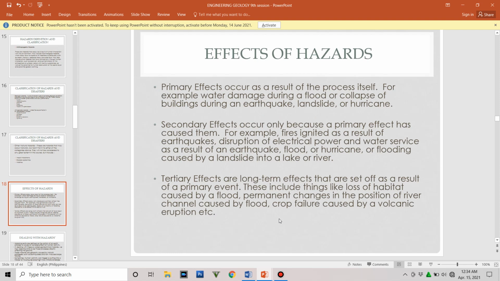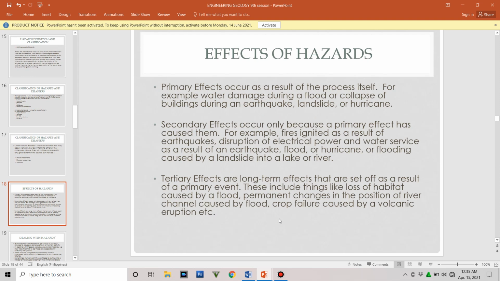The secondary effects occur only because a primary effect has caused them. For example, fires ignited as a result of earthquakes, disruption of electrical power and water service as a result of an earthquake, flood, or hurricane, or flooding caused by a landslide into a lake or river.